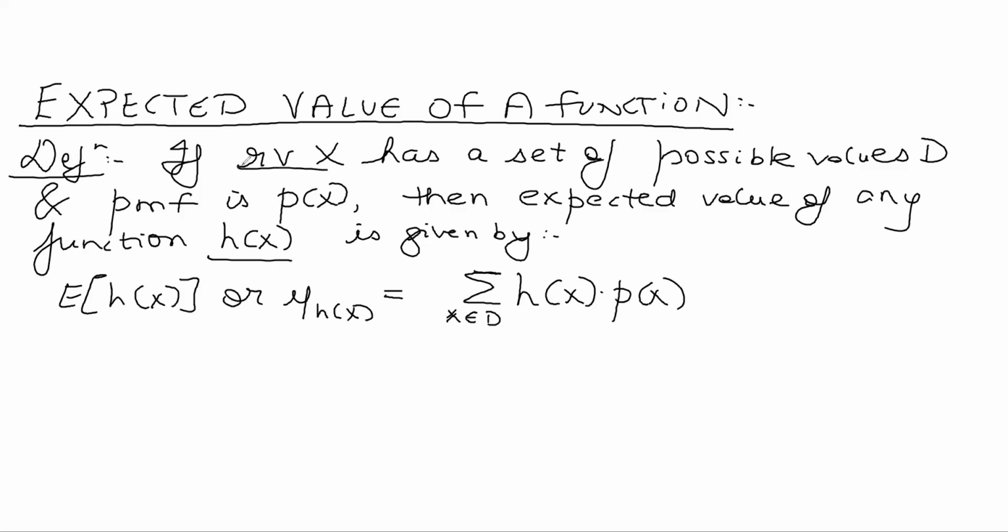Suppose my random variable x takes possible values D and its probability mass function is p of x. Then my expected value will be E of h of x or mu of h of x, which will be the summation as x takes values in the domain D, h of x into p of x.